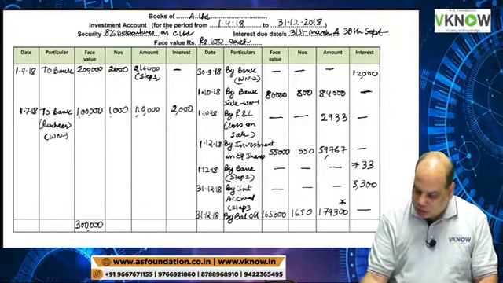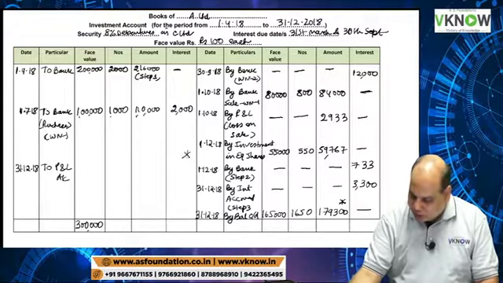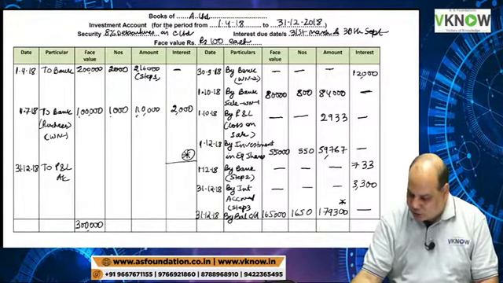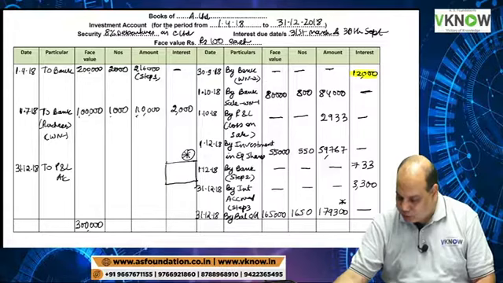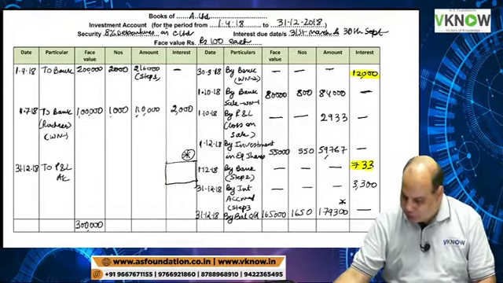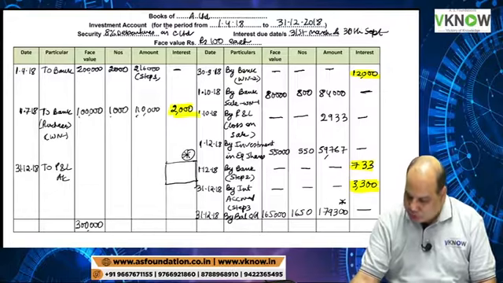And now one last thing you have to do is on the debit side 31/12/18 to P&L account, interest transferred to P&L account. So tell me the balance of interest account. Take 12,000 plus 733 plus 3300 minus 2,000.